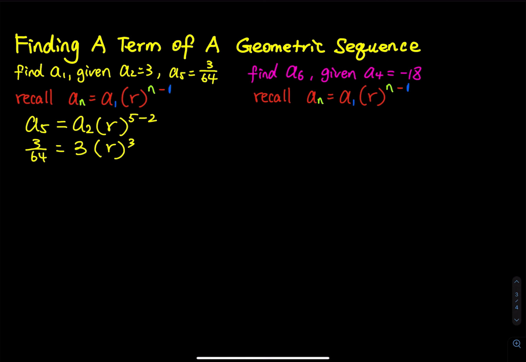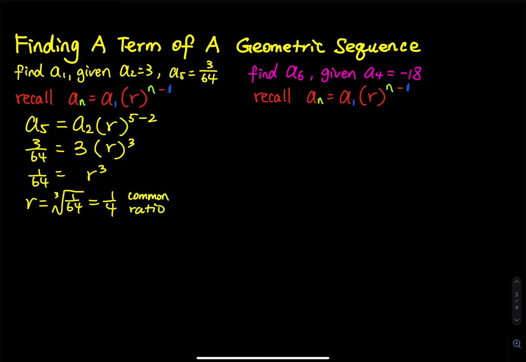Let's divide both sides by 3, and we have 1 over 64 equals r to the third power. Taking the cube root on both sides, r equals the cube root of 1 over 64, which is 1 over 4. This is the common ratio.